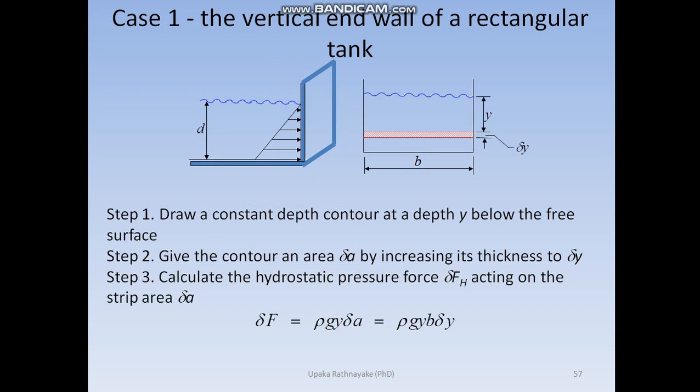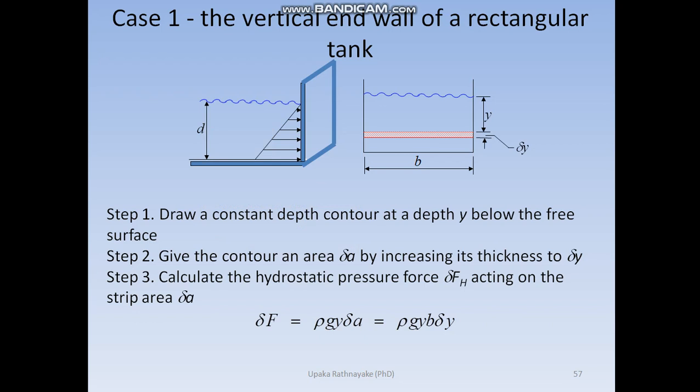Now the step 1 is to draw a constant depth contour at Y depth below the free surface. The second step is to give the contour an area of delta A by increasing the thickness of this contour to delta Y. Now, delta A is equal to delta Y, that is the thickness, into B. Now, let us calculate the hydrostatic pressure force delta F_H acting on this small area.